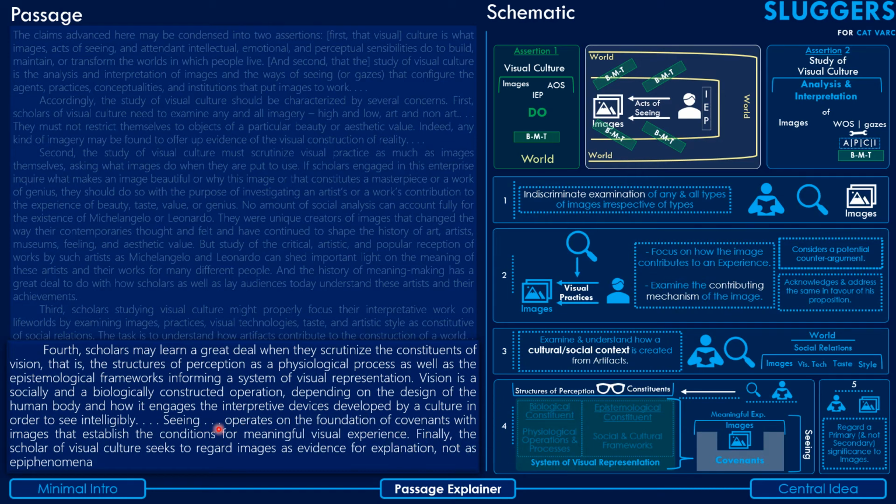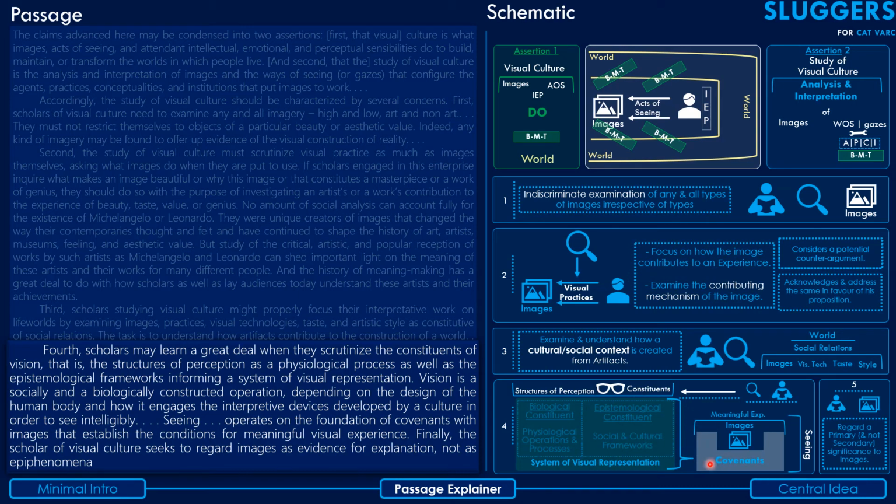He says, then he moves on to talk about seeing as a phenomenon. He says seeing operates on the foundation of covenants with images. When he talks about covenants, guys, he's referring to this system of visual representation, right?